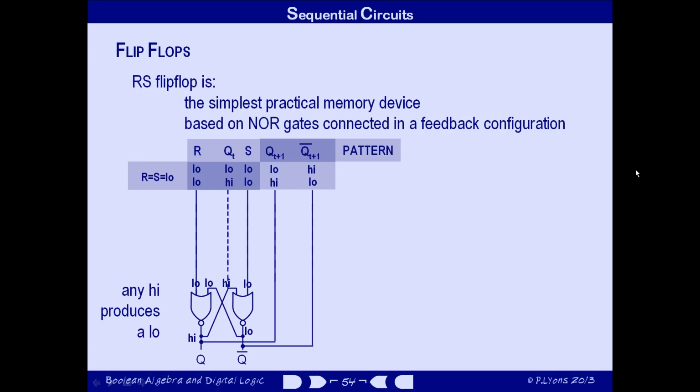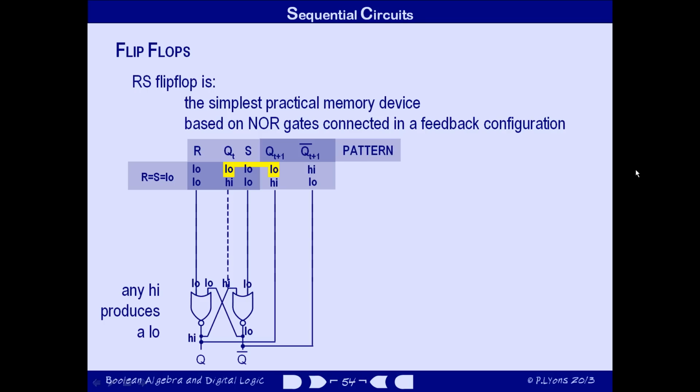Can we see a pattern in the behavior listed in the transition table so far? Oh, by the way, we call it a transition table and not a truth table because it specifies the transition between an old value and a new value of output. So, where's our pattern? In the first case, the old value for Q, Qt, is the same as the new value for Q, Qt plus 1.